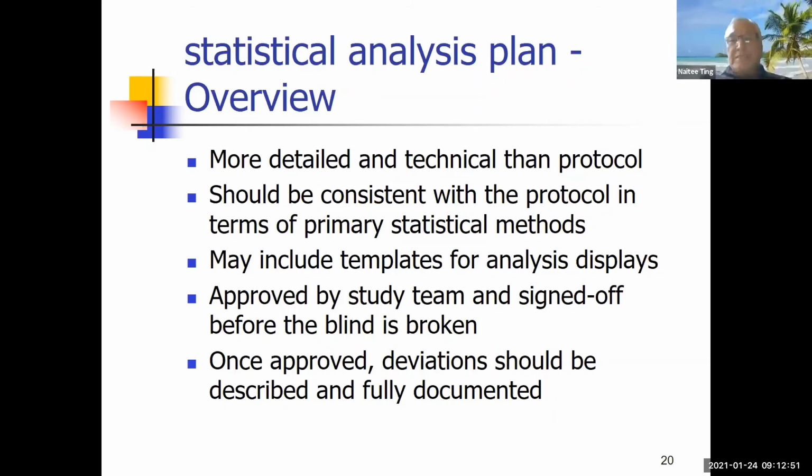So many statisticians face the dilemma: should I check out this SAP, make changes, and recheck it in, or should I document the changes somewhere else? Here's my advice. Think about whether the change relates to alpha or not.